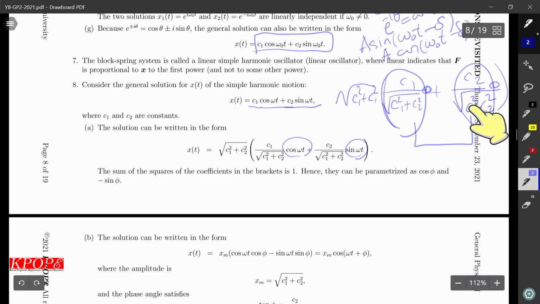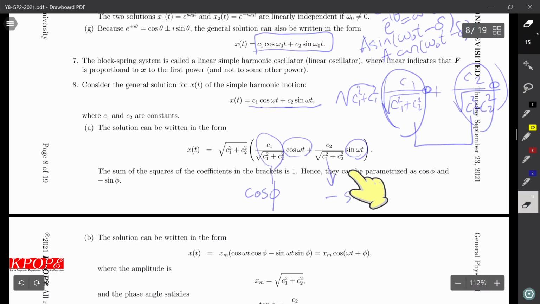Therefore, they can be expressed as either cosine or sine. So let us choose to say this one is cosine phi, and this one is minus sine phi. Then cosine cosine, sine sine, so this simplification is possible.